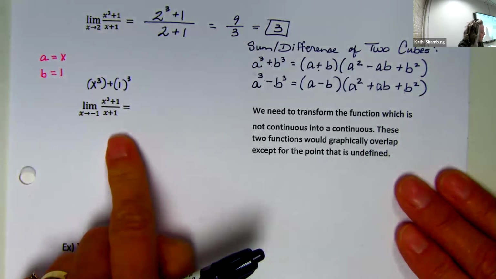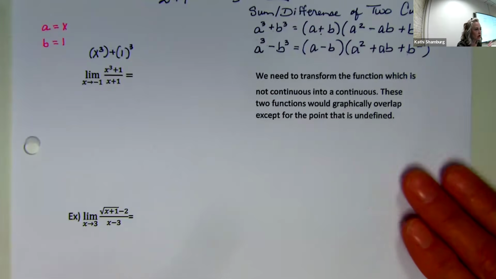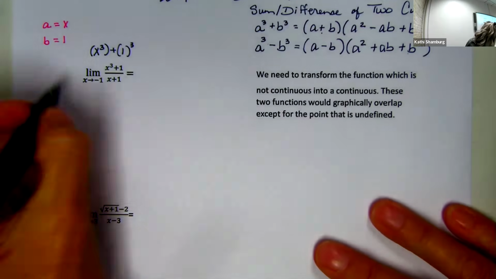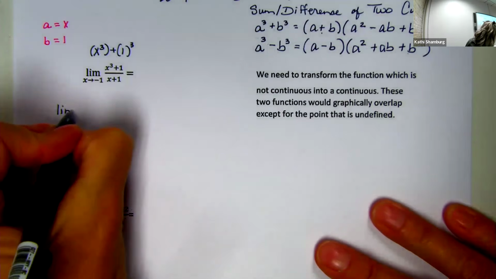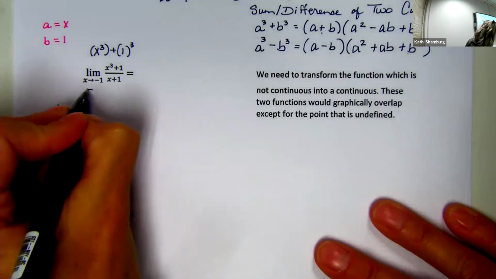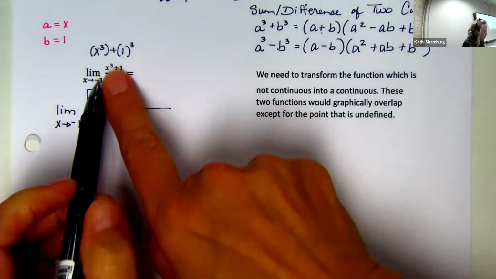So when I factor that numerator, okay, now I'm going to write this. Now, don't forget, we still are using the limit notation. So the limit, as x approaches -1, I am not direct substituting in this step, but I am going to factor the numerator.